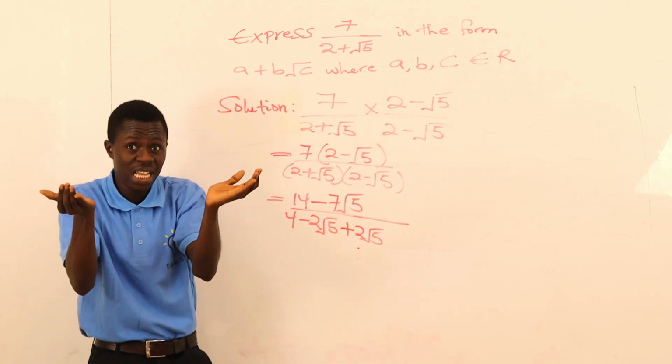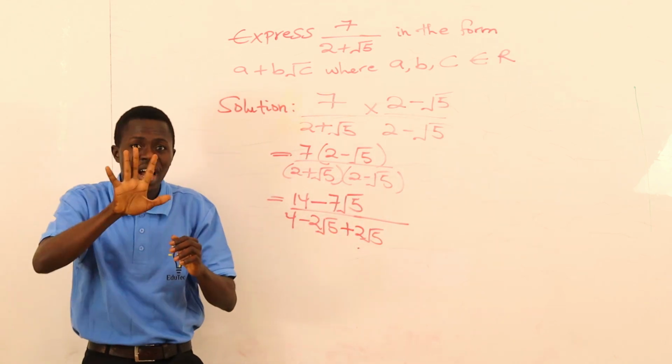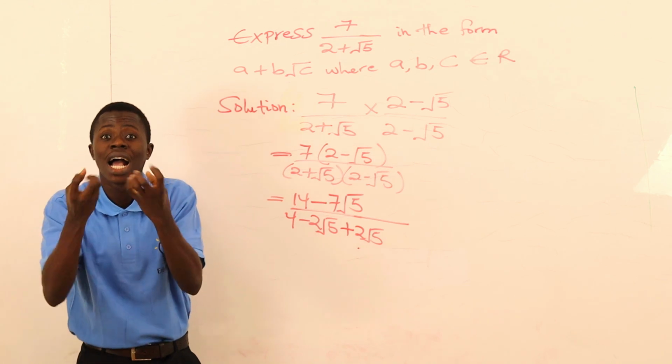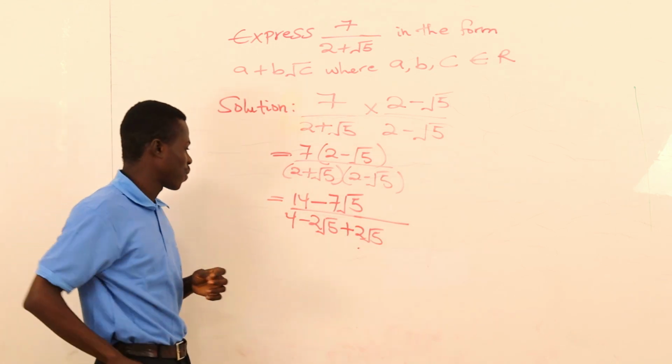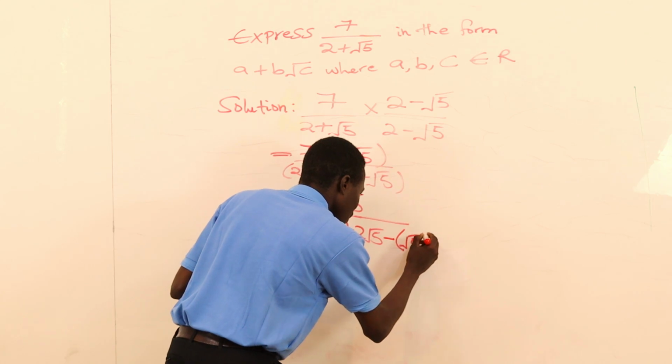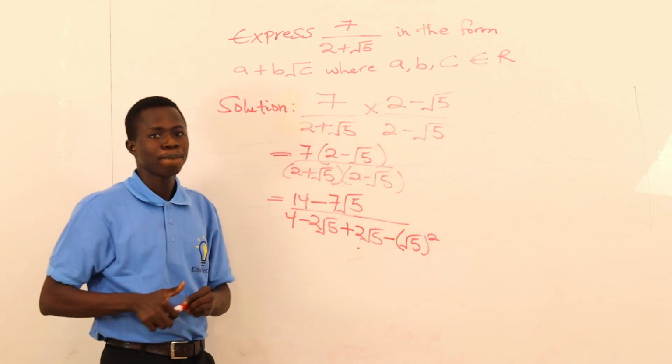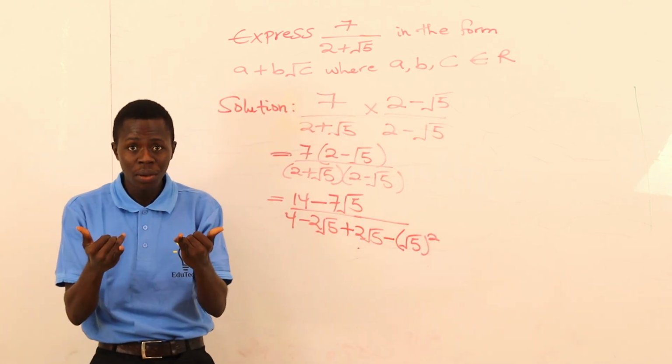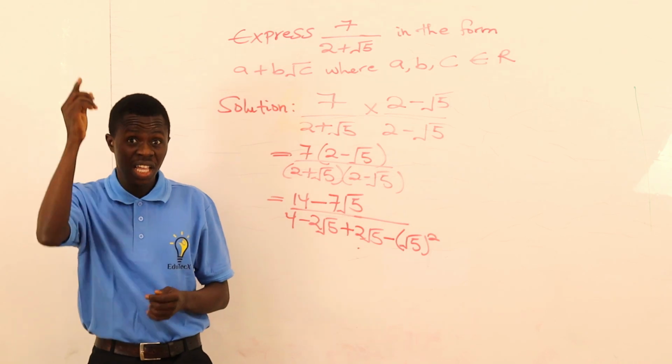Now the last one, square root of 5 multiplying minus square root of 5. Remember, the minus there makes the whole expression minus. So we are going to have minus square root of 5 raised to the power 2.